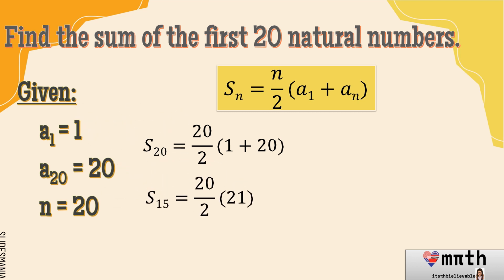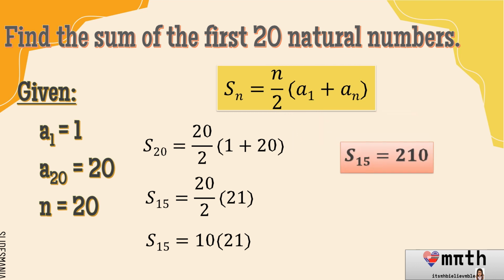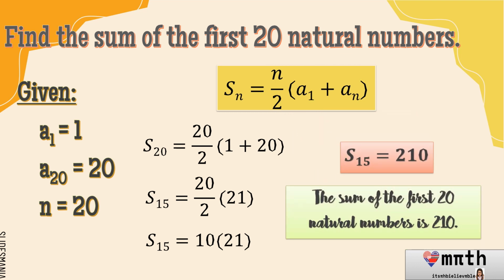Then 20 divided by 2 is 10, times 21, that would be 210. So the sum of the first 20 natural numbers is 210.